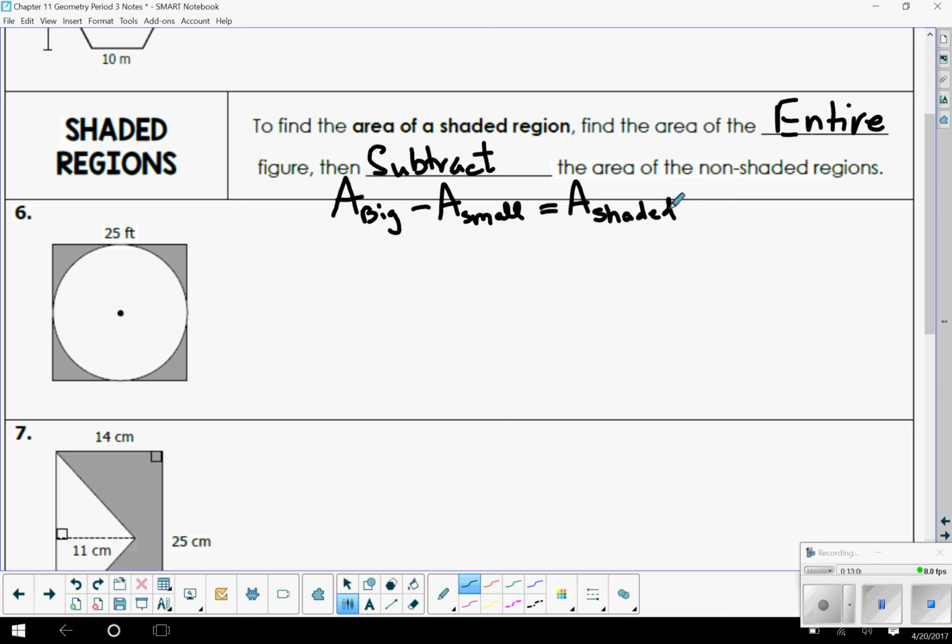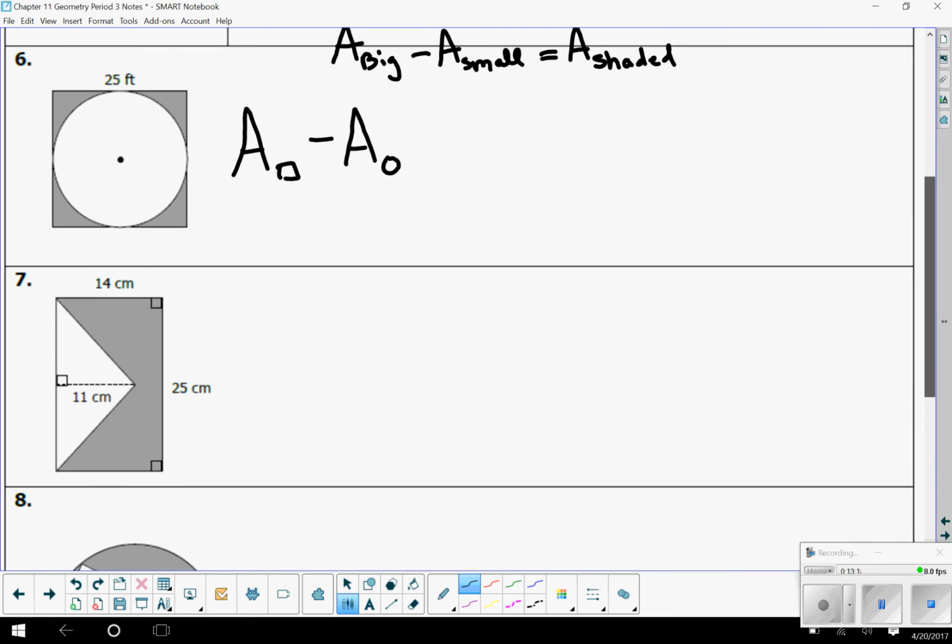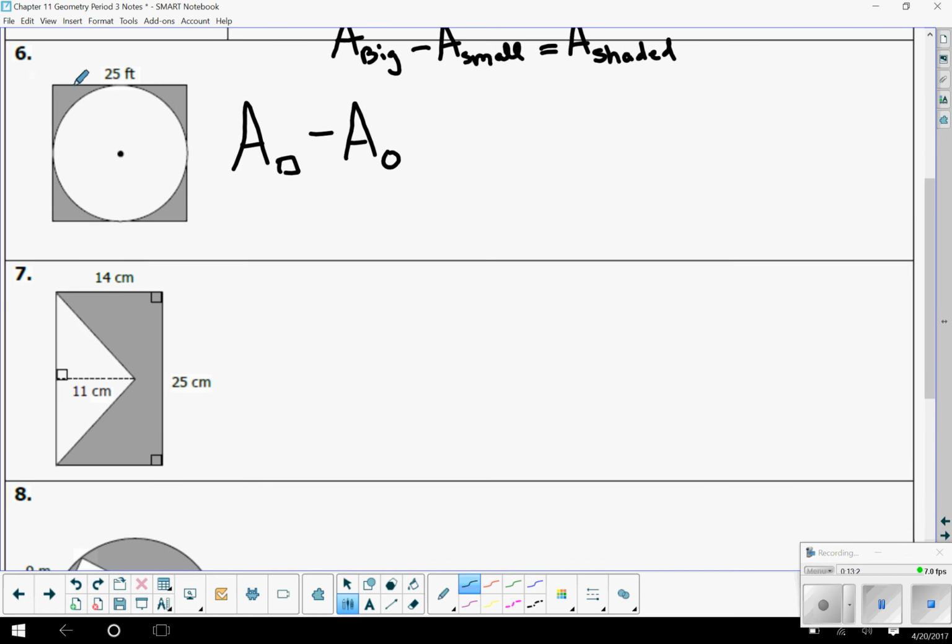So for this one, you're going to do the area of the square minus the area of the circle. And if this whole thing is 25 up here, which is your diameter, what's half of that? So your radius is going to be 12.5.